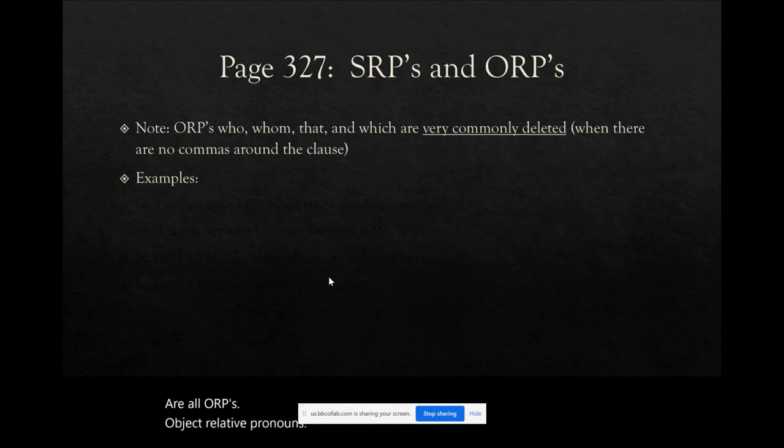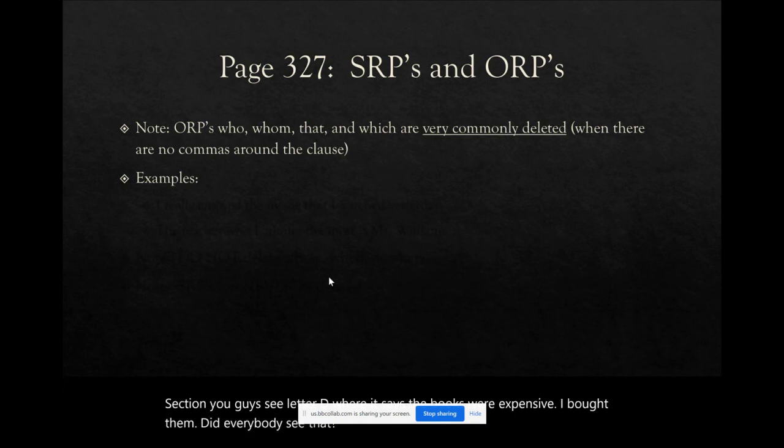Okay, so the top section is subject relative pronoun, the bottom section is object relative pronoun. Okay, so let's talk about this for a second. The bottom box section, you guys see letter D where it says the books were expensive, I bought them. Does everybody see that? Yes.